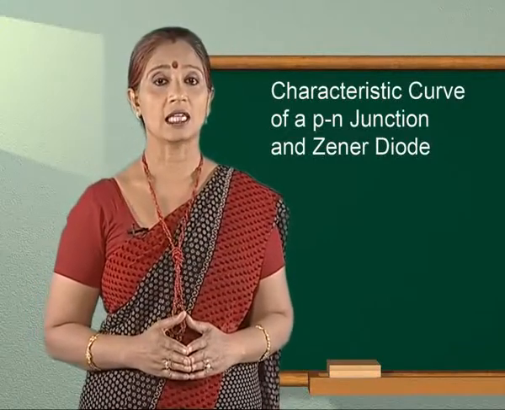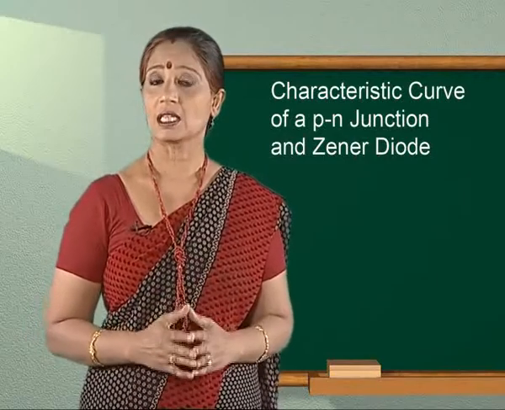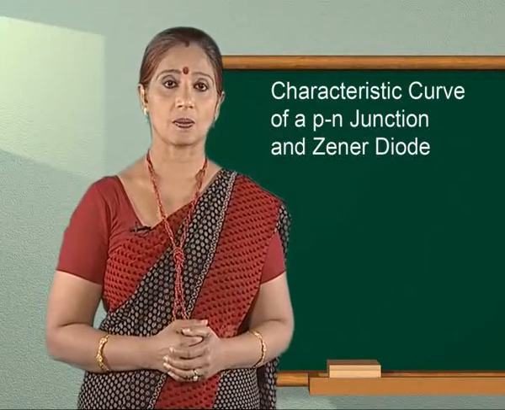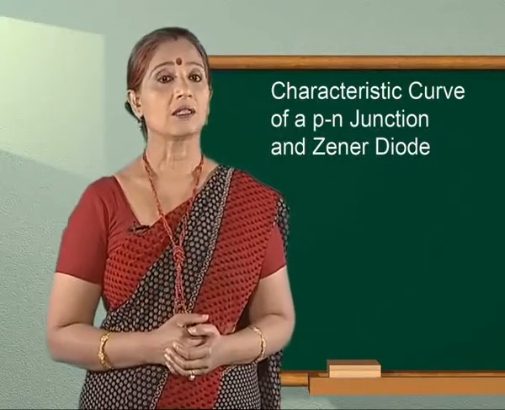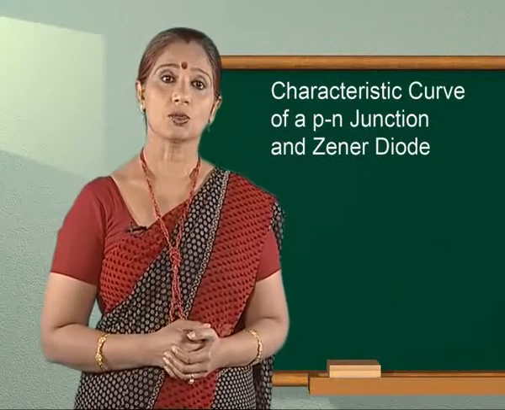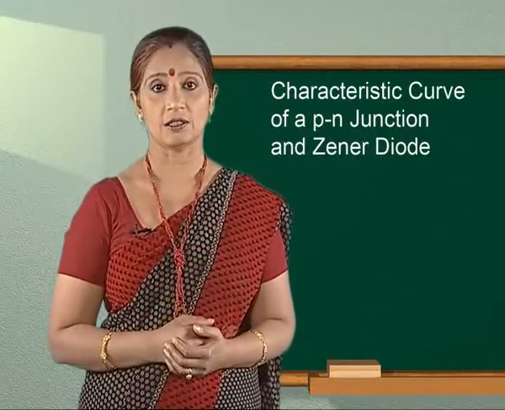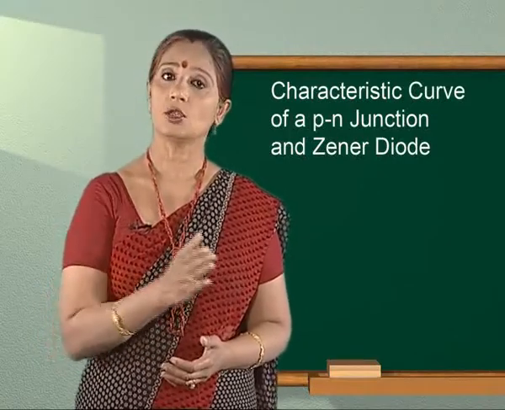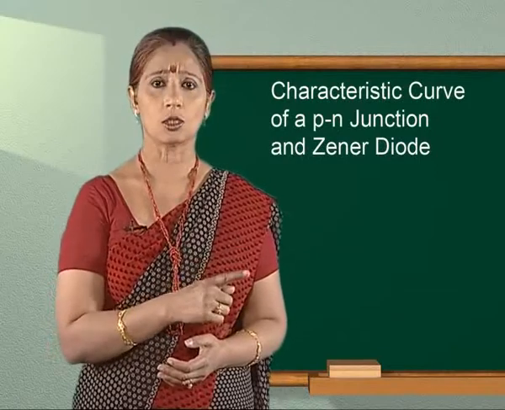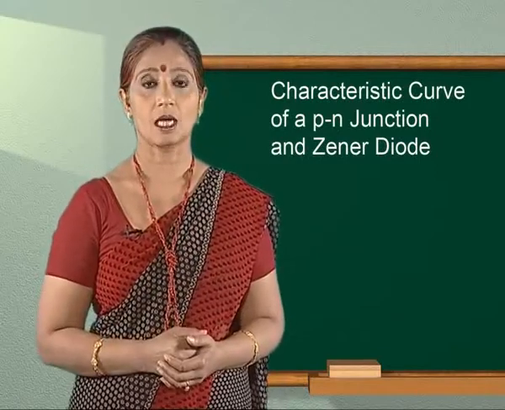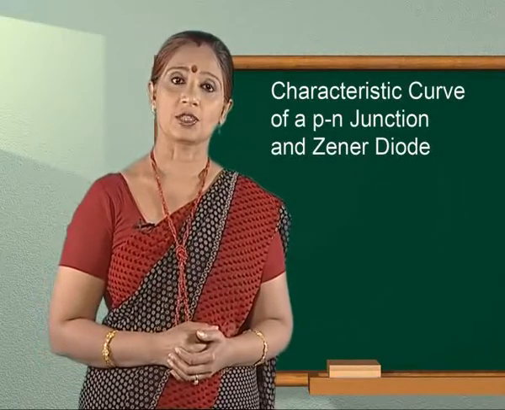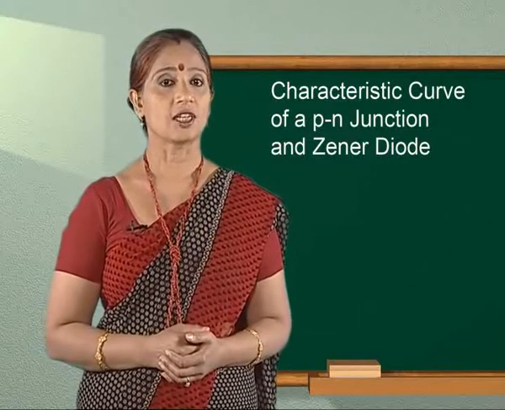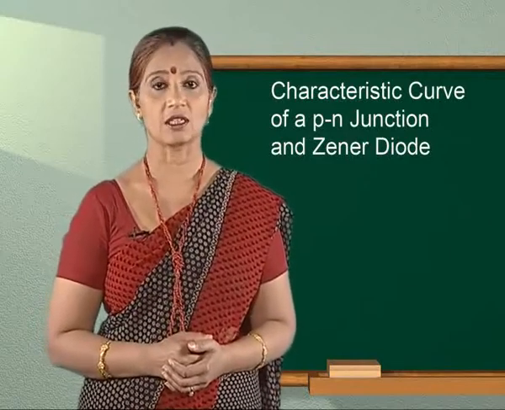Let us now understand how reverse current suddenly increases at the breakdown voltage. We know that reverse current is due to the flow of minority carriers, that is, electrons from P to N and holes from N to P. As the reverse bias voltage is increased, the electric field at the junction becomes significant.